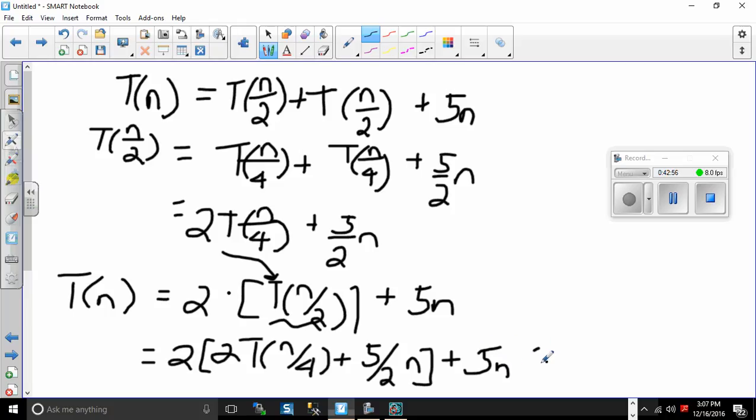Okay, and that is equal to what? 4T(n/4) plus 5n plus 5n.